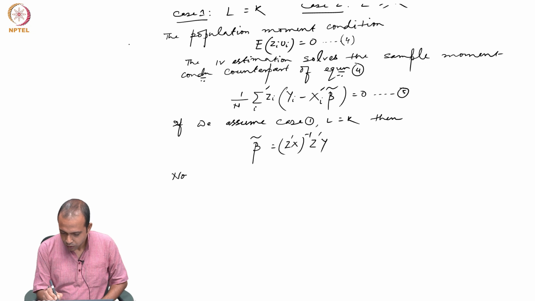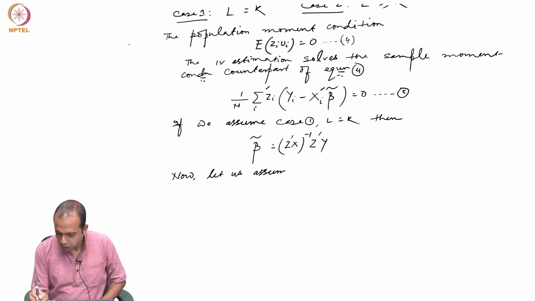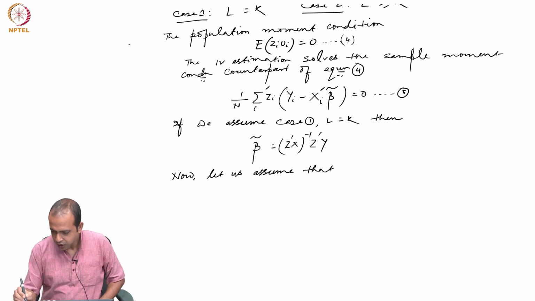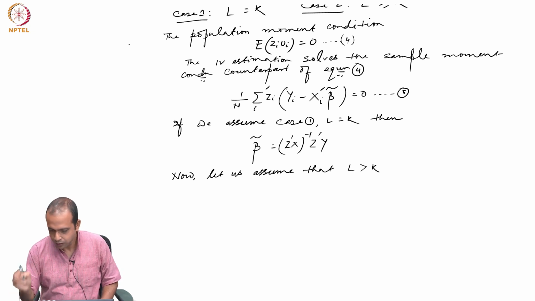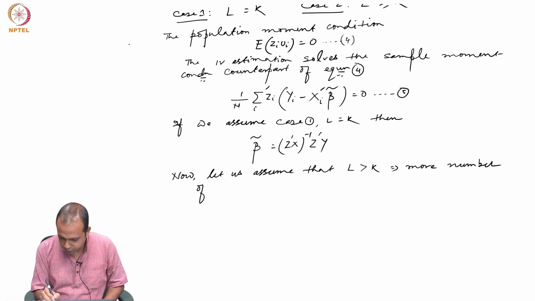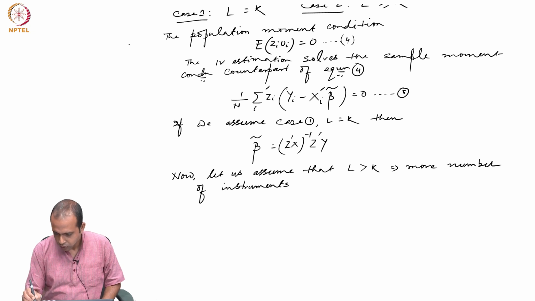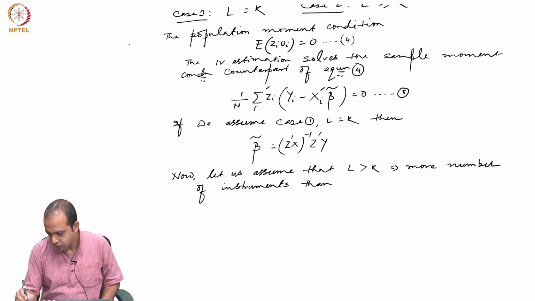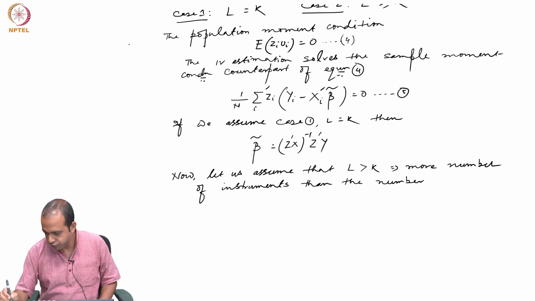Now the case becomes complicated when we assume that L is actually greater than K. Okay, that means we have more number of instruments than the number of parameters to be estimated.